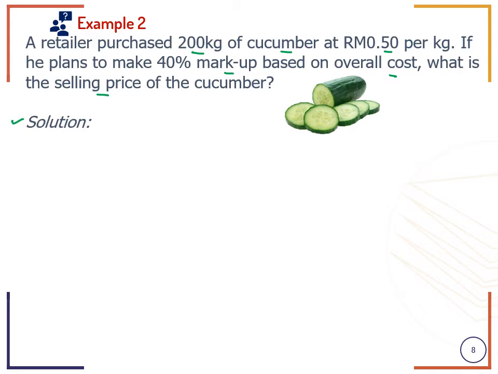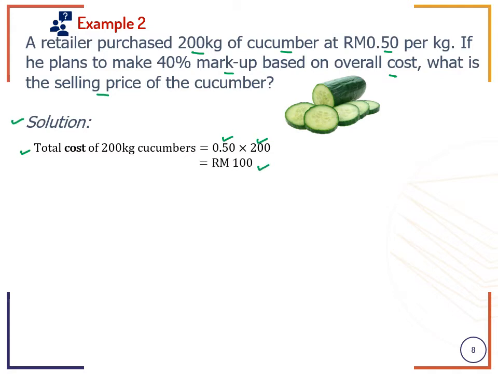Since 1 kg of cucumber is 50 cents, the total cost of 200 kg of cucumbers is 50 cents multiplied by 200 kg, which is equal to 100 ringgit.